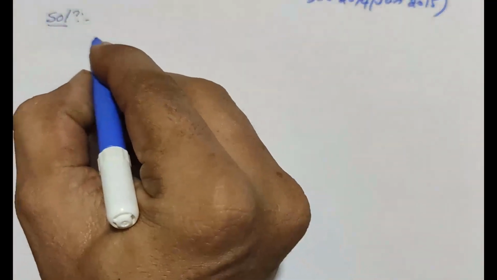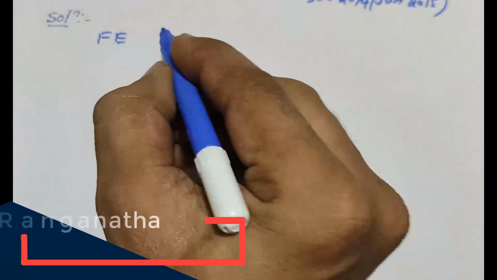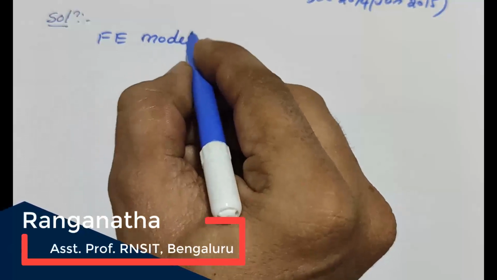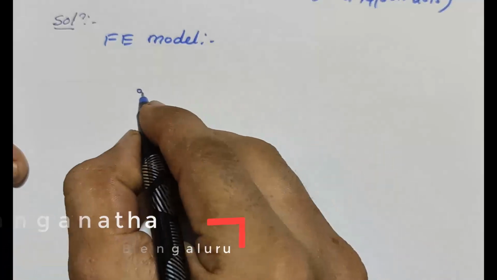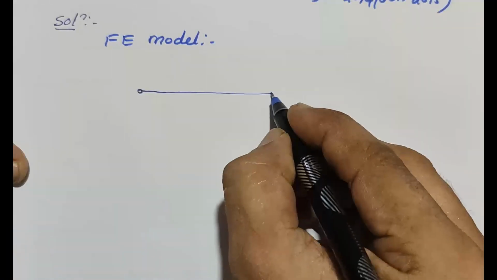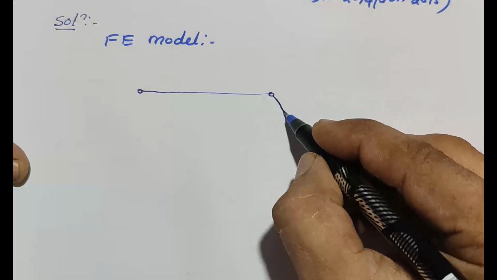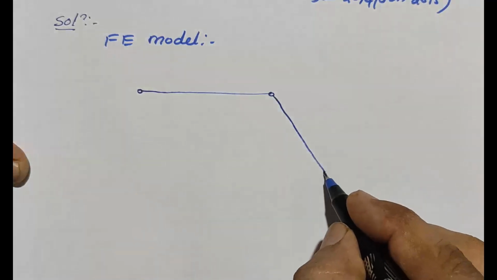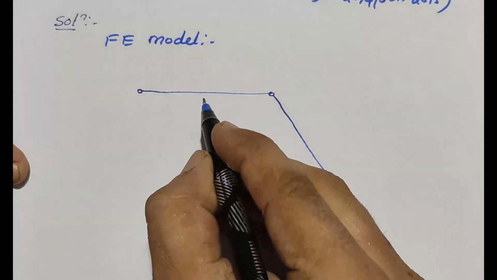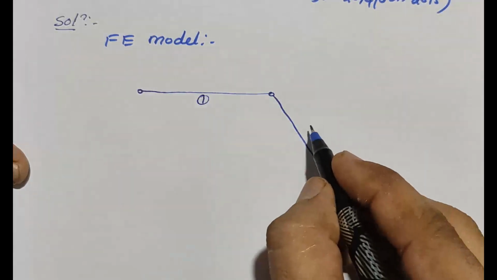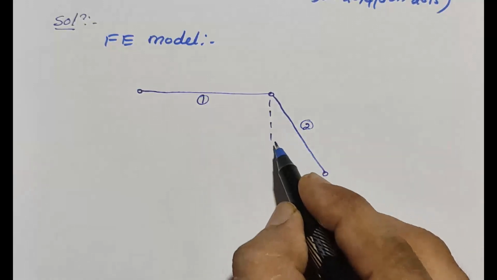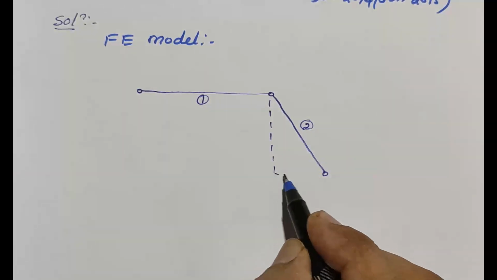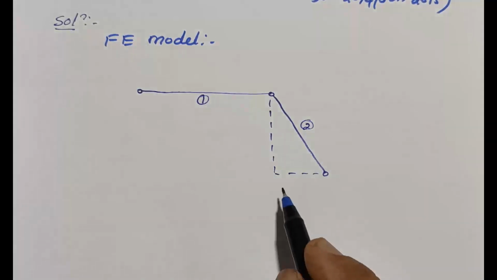First is the finite element model. So we will use 2 elements for the finite element model. This is one element. This is one more element. Element number 1, element number 2. Lengths are given.